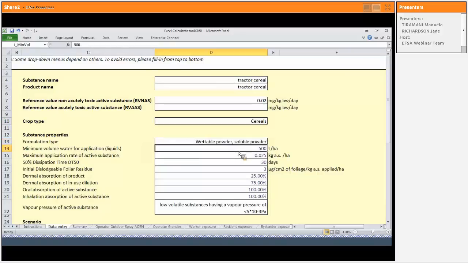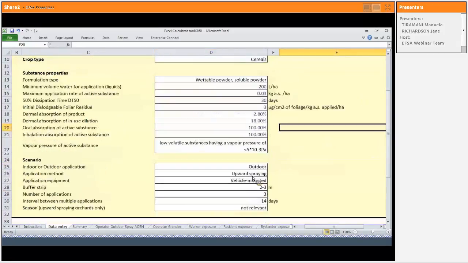The minimum volume of water is 200, and we're going to use an application rate of 0.03. Again, we leave the defaults here. But in this case, we have dermal absorption of around 3% for the product and 18% for the in-use dilution.